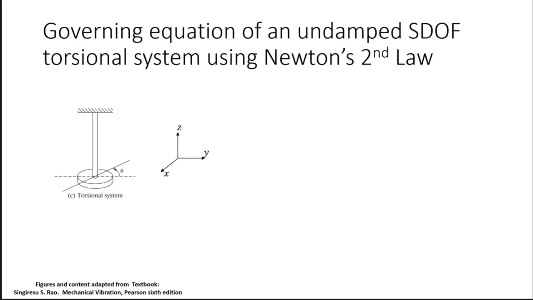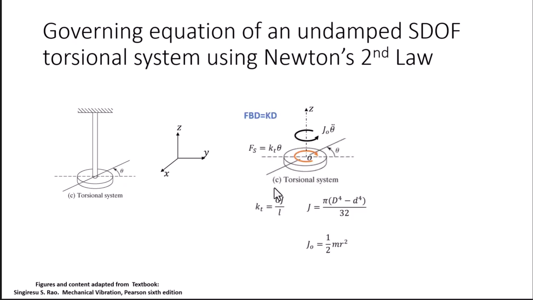Now let's do the governing equation of an undamped single degree of freedom torsional system using Newton's second law. So here we have a disk that is hanging from a vertical rod. The motion of the system will be with theta, an angular displacement. If we do our free body diagram, this rod will behave as a torsional spring.